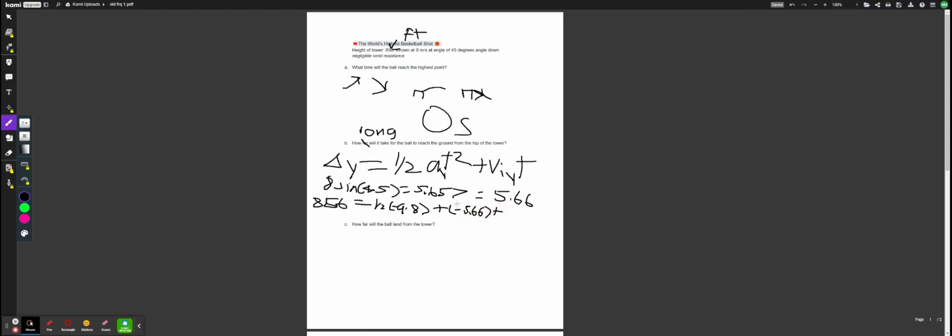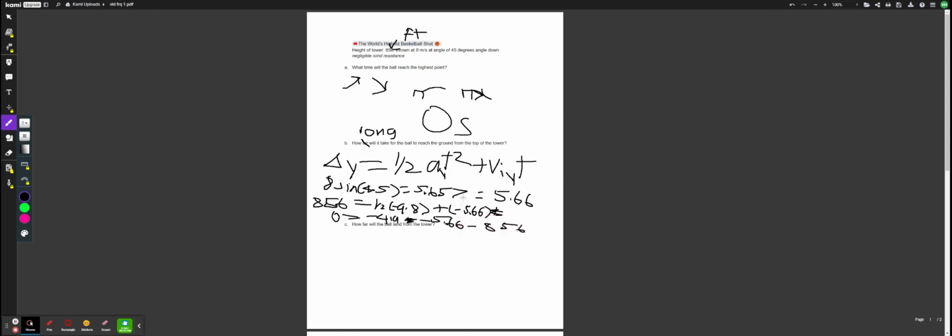Now we can use the quadratic formula. We set this side equal to 0, equal to 1/2 times negative 9.8, which is negative 4.9, minus 5.66, and if we subtract 856 to the other side, it'll just be minus 856.